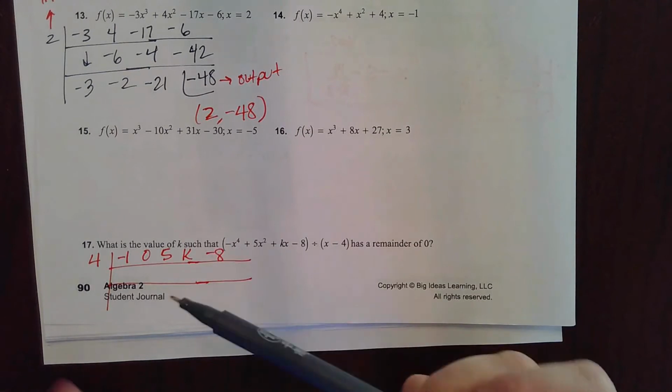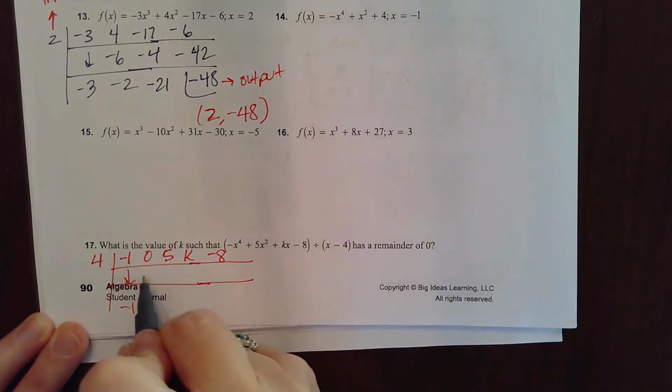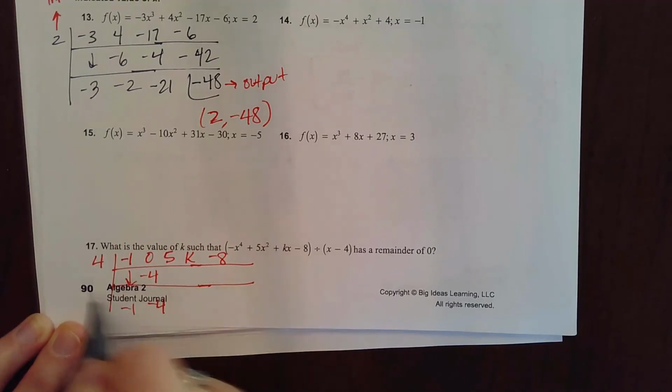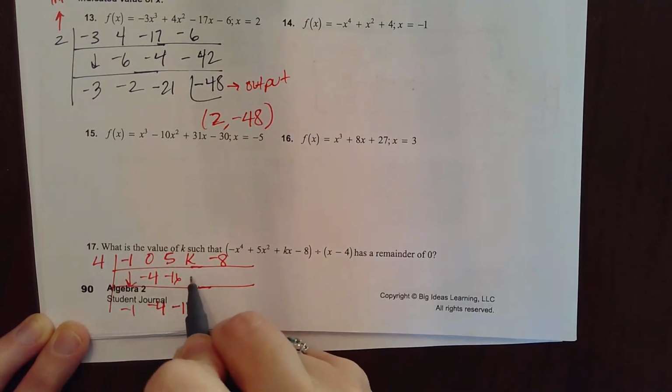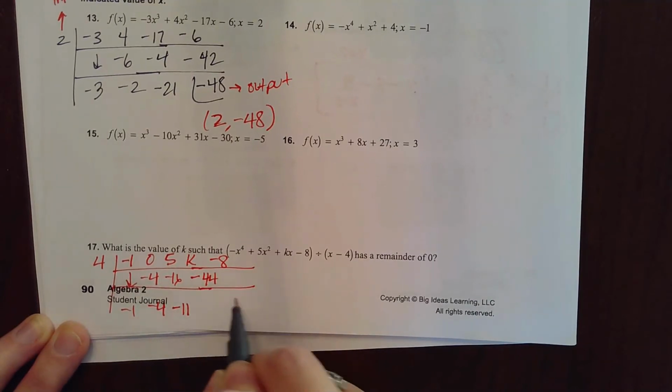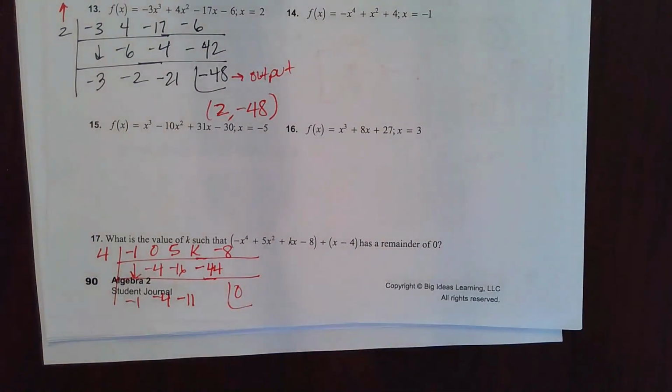What you're basically doing is trying to figure out this value. I drop that down, and I get -4, then I multiply, and I get -11, and then I get -44. Remember, your remainder has to be 0. This requires a little more thinking backwards, so to speak.